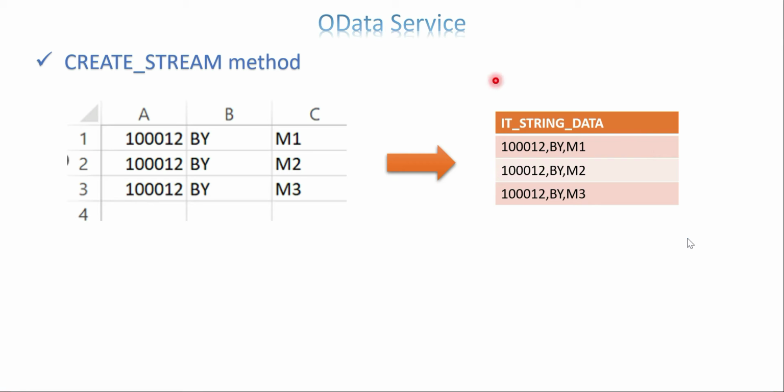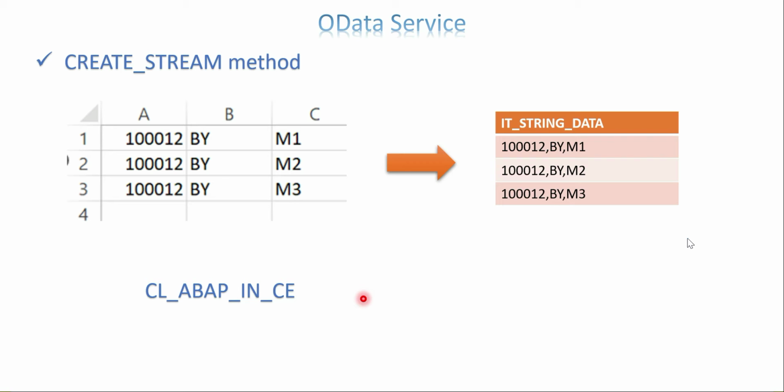For that, I need one temporary internal table of string data type, which is nothing but the declaration as internal table type table of string. This is going to happen with the help of a class called CL_ABAP_CONV_IN_CE.